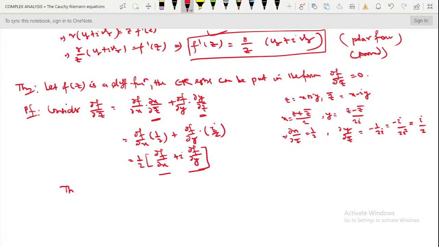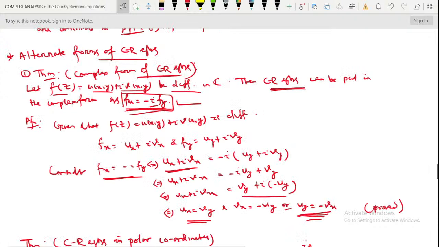So we can say this thing is equal to 0 if and only if fx equals minus i times del f by del y, which is the complex form of CR equations, because we already proved it at the start.